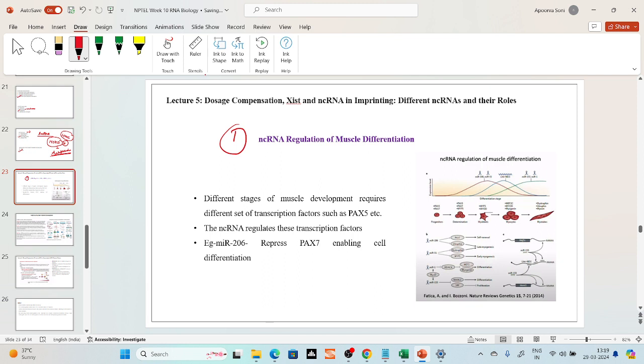What does it mean? Different stages of muscle development require different sets of transcription factors, and these different sets of transcription factors are regulated by different kinds of non-coding RNA.